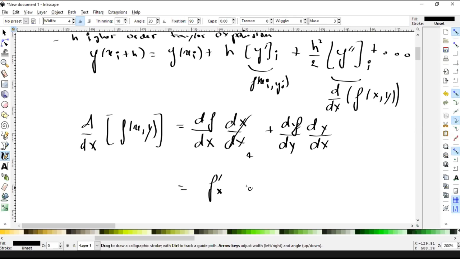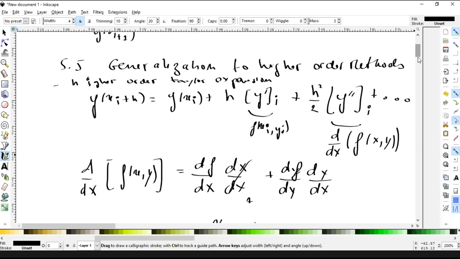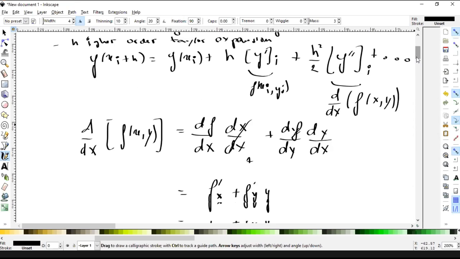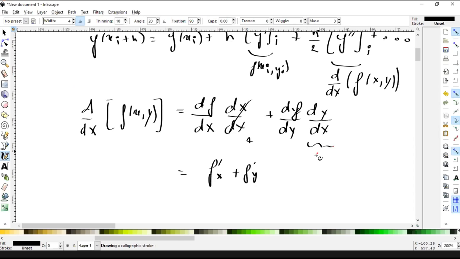Here they are just with respect to x, and plus f prime of y multiplied by f, because dy over dx is f of x y, and this is the derivative of this function with respect to y, so I will call it here f prime of y.